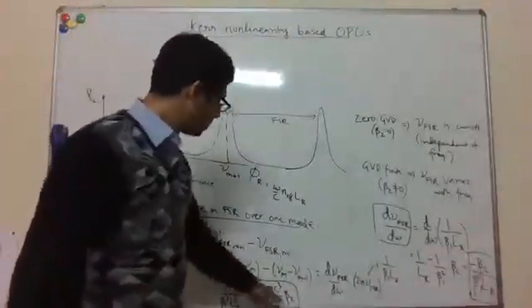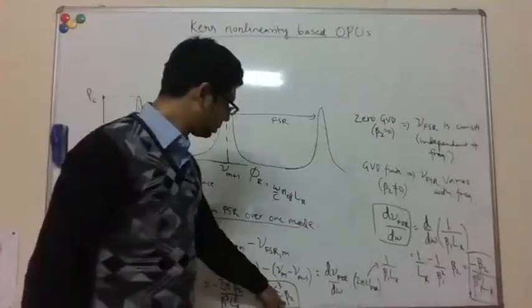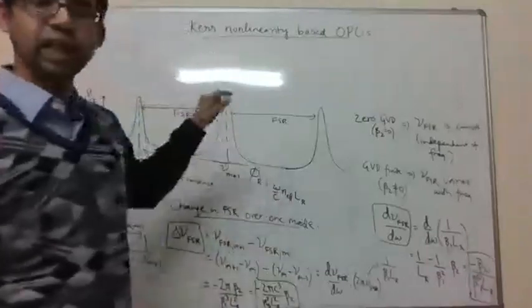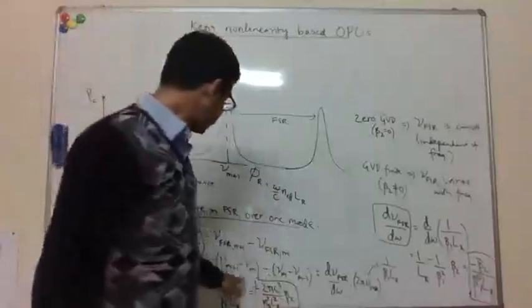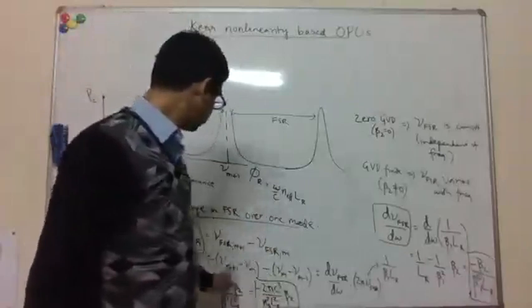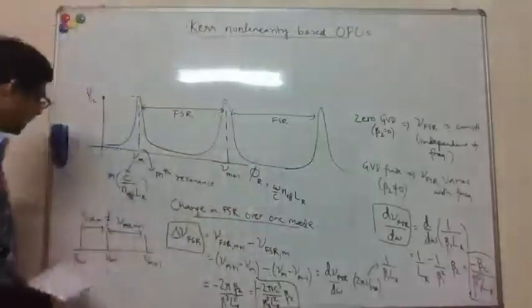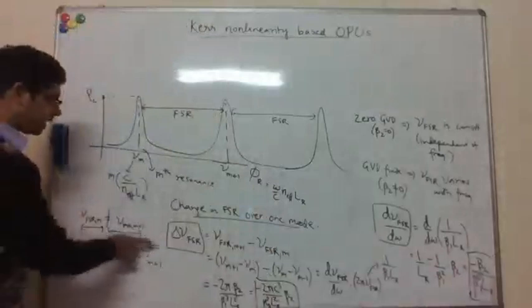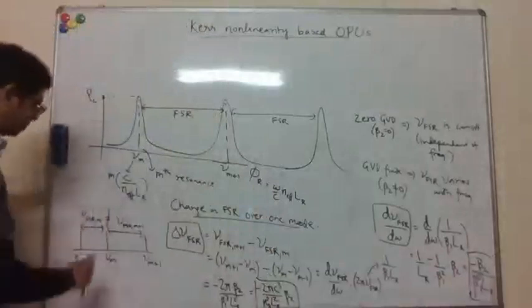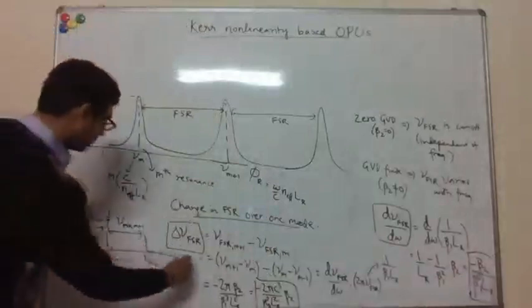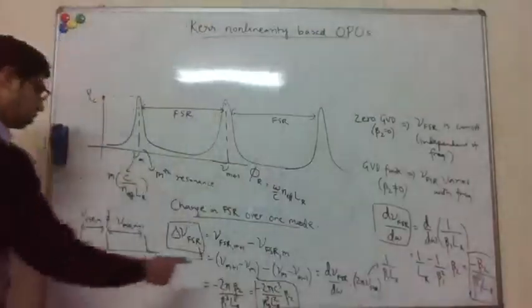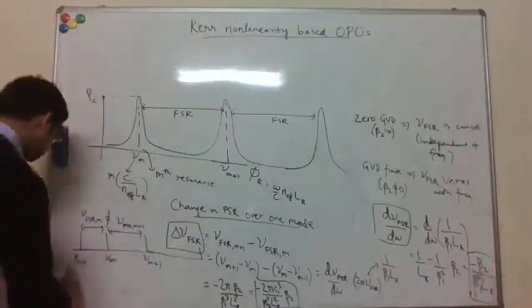In this cavity case, if we have anomalous dispersion, which we need to phase match the 4-wave mixing process, which is what gives the gain within the cavity, then this delta nu FSR will be positive. So if beta 2 is negative, then this is positive, which means that the FSR is increasing as I go higher in mode number or frequency. Here it's small, then it becomes bigger, then even bigger.